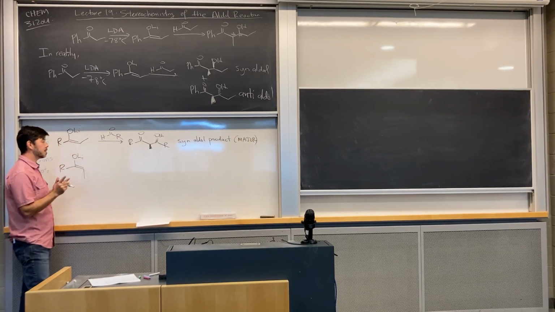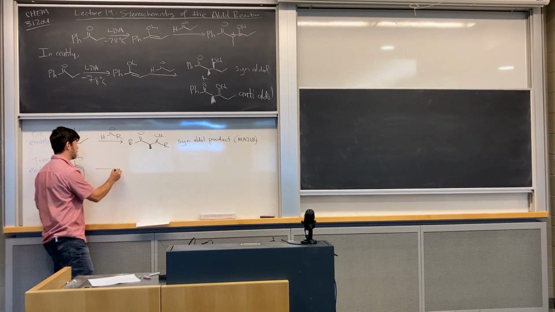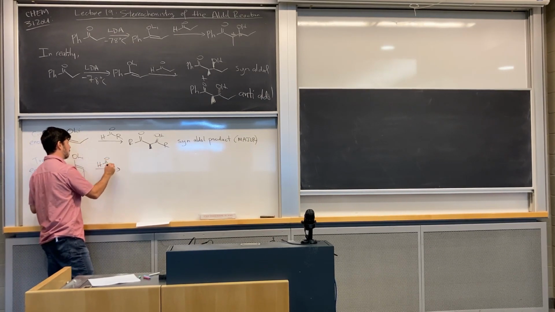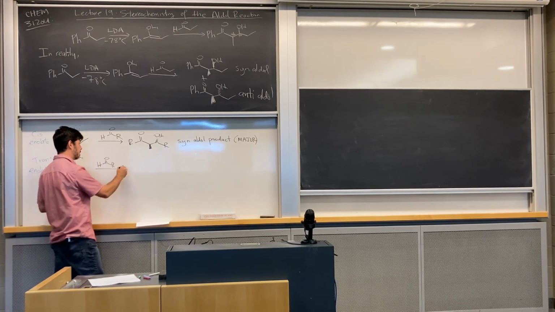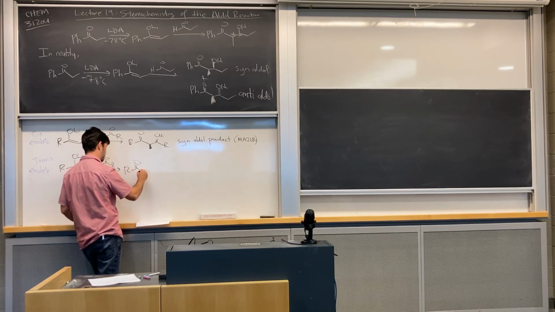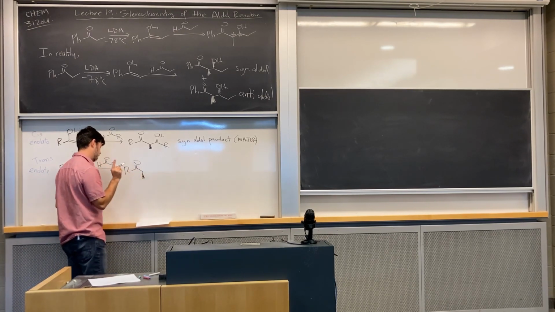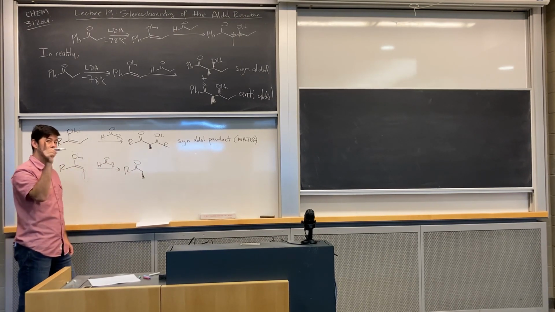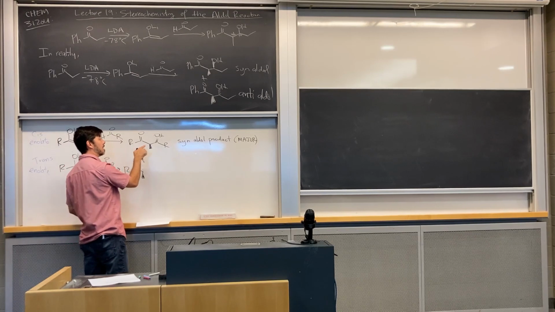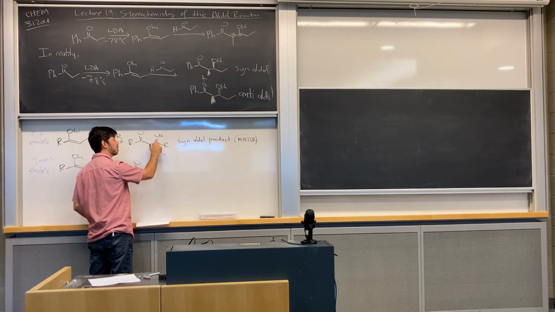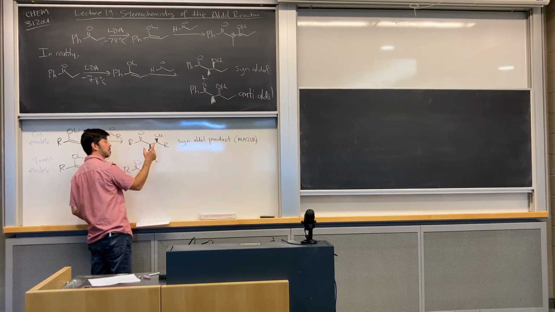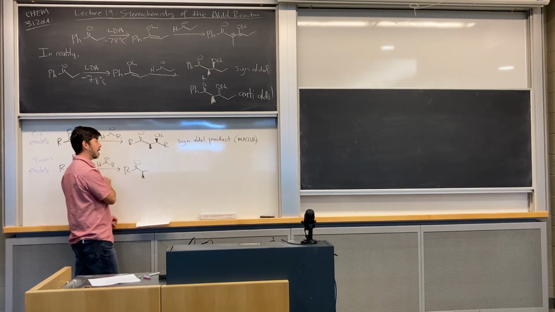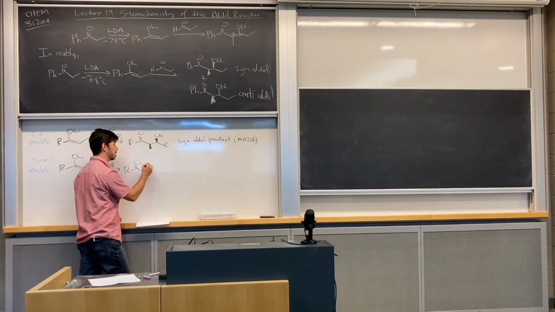In contrast, if you do this with a trans enolate, we'll keep our substrate the same, you will generate the anti-aldol product. Hold on a second, I just made a little error here, so this should be pointing towards you. This is the syn product, where they're both the same. Whereas if you use a trans enolate, you're going to generate the anti-aldol product.